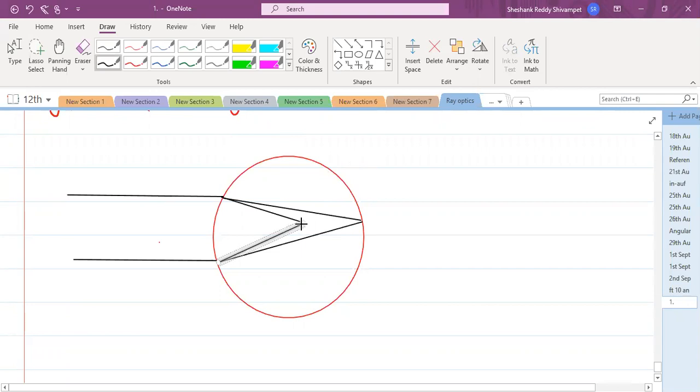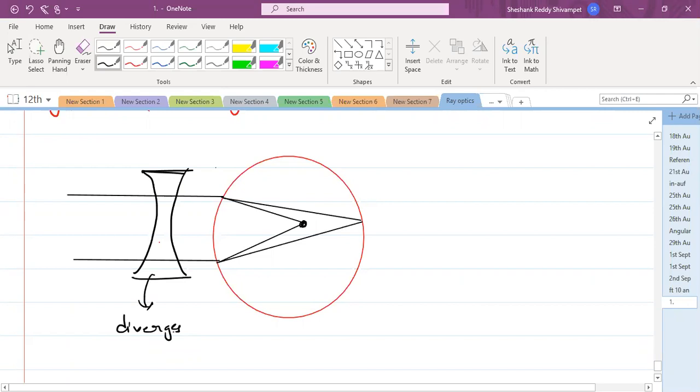Now to rectify this, we make use of a concave lens. Why? Because a concave lens diverges the rays.